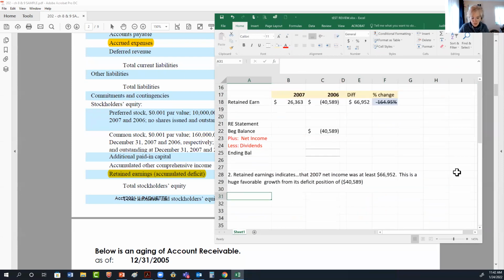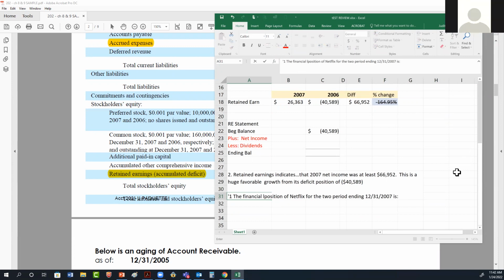Number 1, what are you going to say on number 1? The financial position of Netflix for the 2-year period ending is what? Favorable, unfavorable, neutral, or inconsistent? Favorable. Yes, yay. Okay.